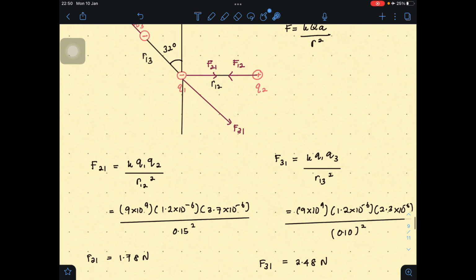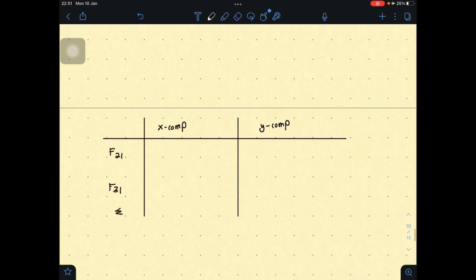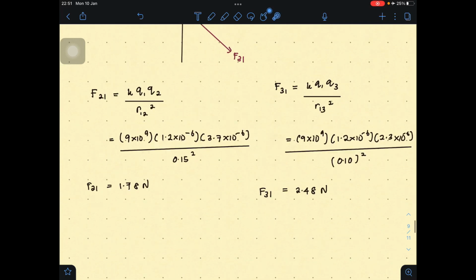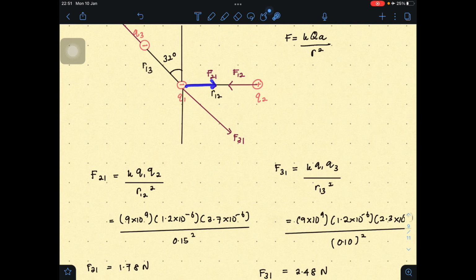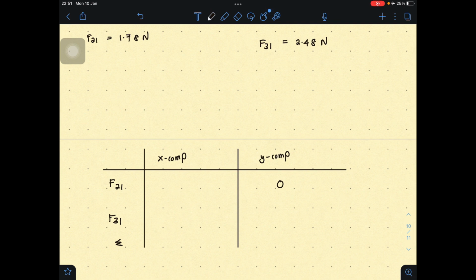Okay, F21 kita adalah on X axis. Okay, tidak melibatkan angle F21. So maksudnya Y axis akan jadi kosong. Y component will be equal to 0. And then since dia adalah dekat X component and it is going to the right, which means positive. So kita hanya letak positive 1.78 Newton.